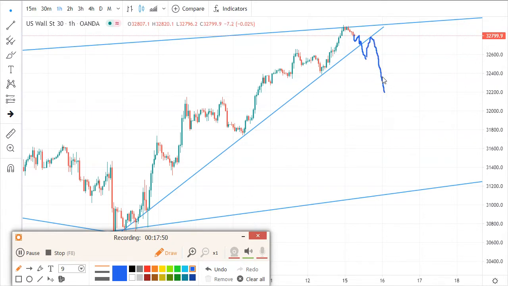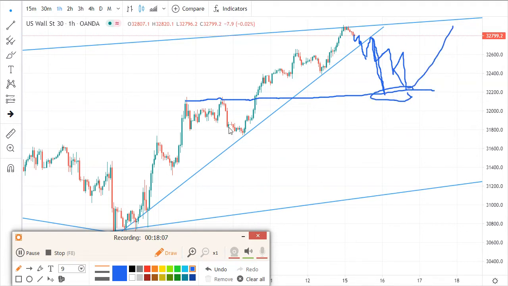But remember, when the market shoots down, it won't just go straight like this. The market will just play around so that you don't see exactly what's really happening. But don't forget our support and resistance that we drew before. The market can just come and respect this point and push higher again.